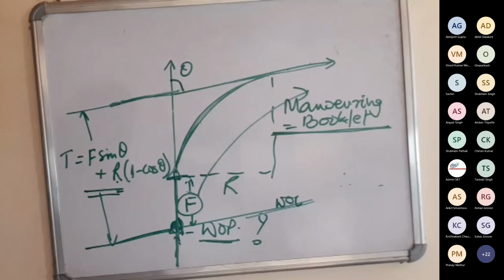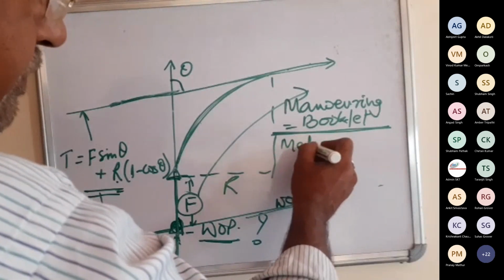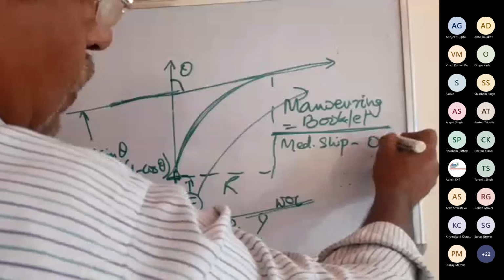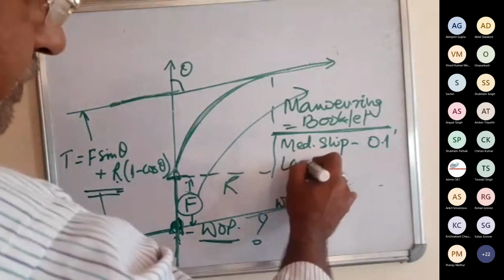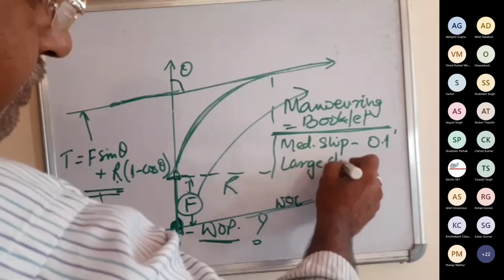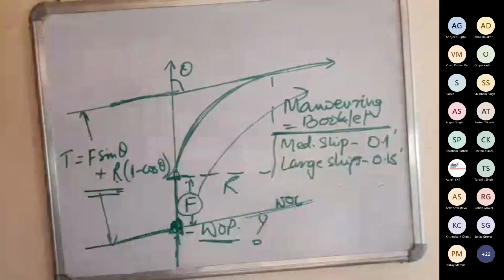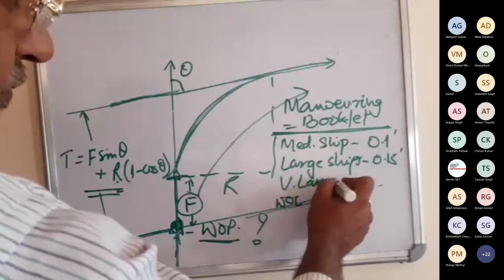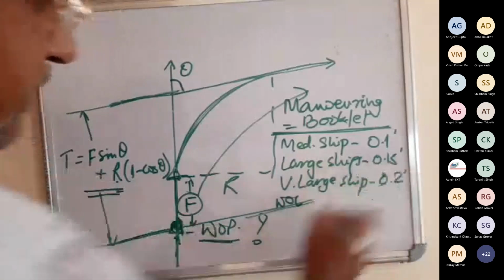then the reaction distance can be taken for medium ships as 0.1 mile, large ships 0.15 mile, very large ships 0.2 miles.